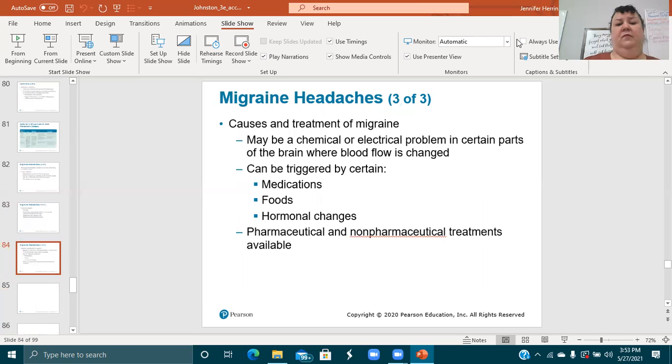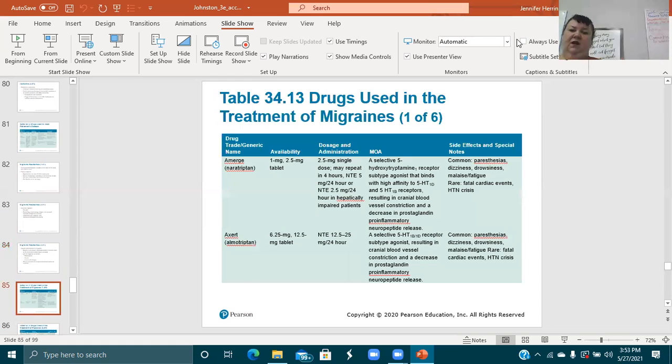So, causes and treatment of migraine. This may be a chemical or electrical problem in certain parts of the brain where blood flow is changed. It can be triggered by certain medications, foods, and even hormonal changes. Pharmaceutical and non-pharmaceutical treatments are available. So table 34.13, this is on page 605 of the text, depicts drugs used in the treatment of migraines.